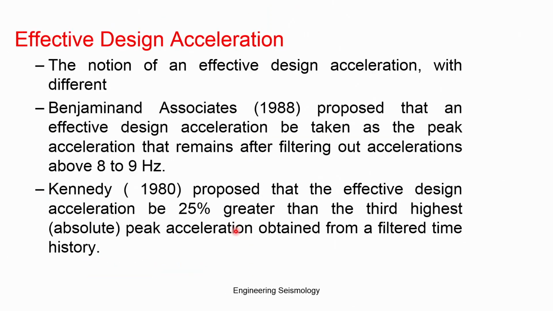Basically, we have seen that the acceleration time history which you get can be used to get time domain parameters. These time domain parameters can be picked up directly from the acceleration time history plot. If you have the three forms of the plot, acceleration, velocity, displacement, you can get peak horizontal acceleration, peak vertical acceleration, peak horizontal velocity, peak horizontal displacement.